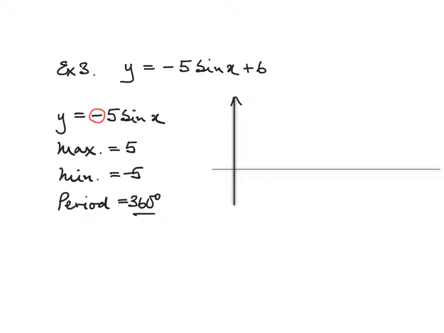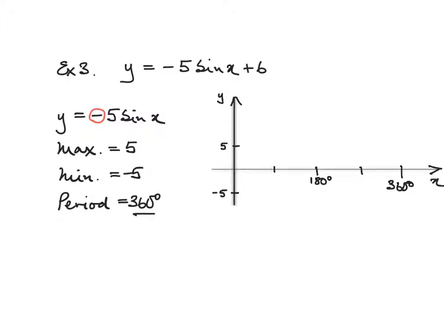So y and x, we just want 0 and 360 degrees, 180, 90 and 270. I want a maximum of 5 and a minimum of minus 5.